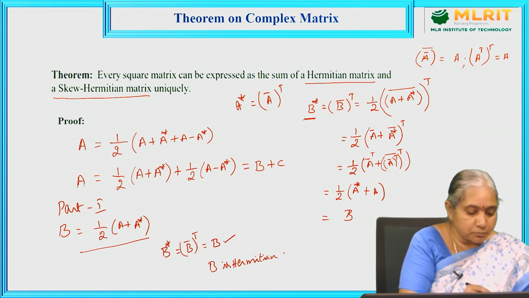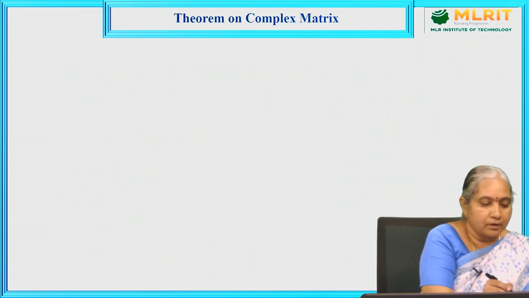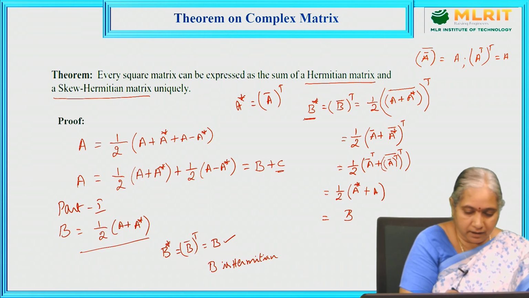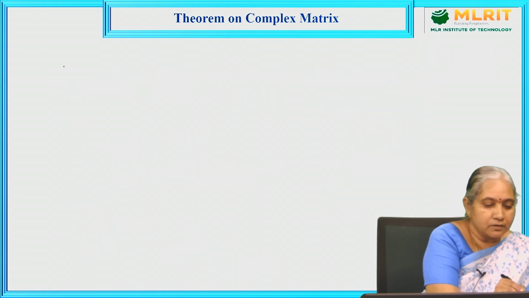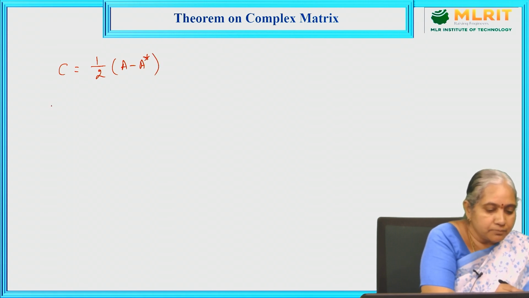Similarly, we have to prove that C is a skew Hermitian matrix. Let us take what is C here. C equals 1/2 into A minus A star. Now find C star.